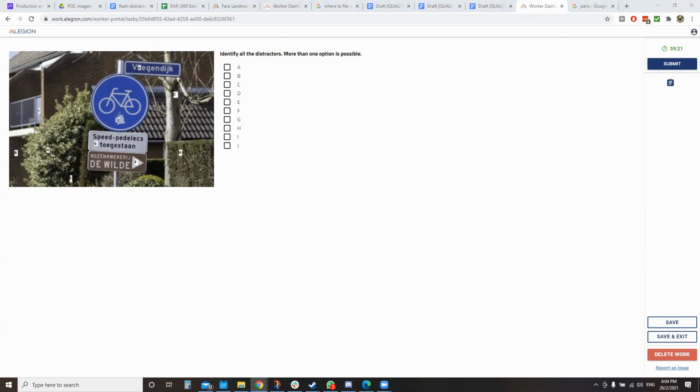Shabin, so do we need to understand the photographer's requirement, or just to make the photo beautiful, we need to identify the distractors? Do we need to understand what the photographer wants to capture, or do we identify the distractors to make the image beautiful?